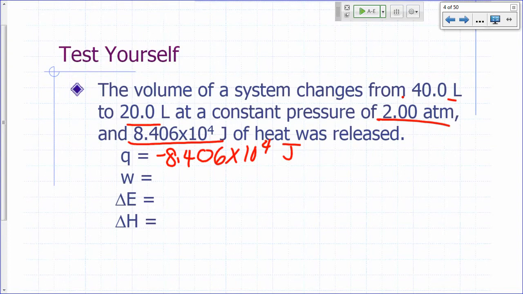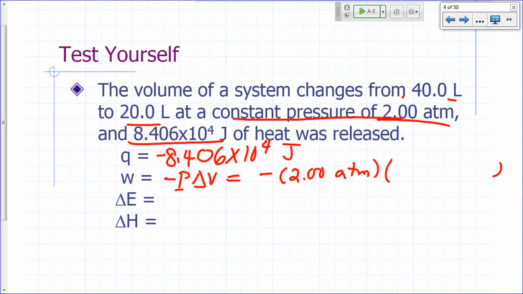What would be our W? What's the formula? Minus P external times delta V, right? And our pressure is constant, so our external pressure is P. It's 2 atmospheres, so negative 2.00 atmospheres. What's our delta V?